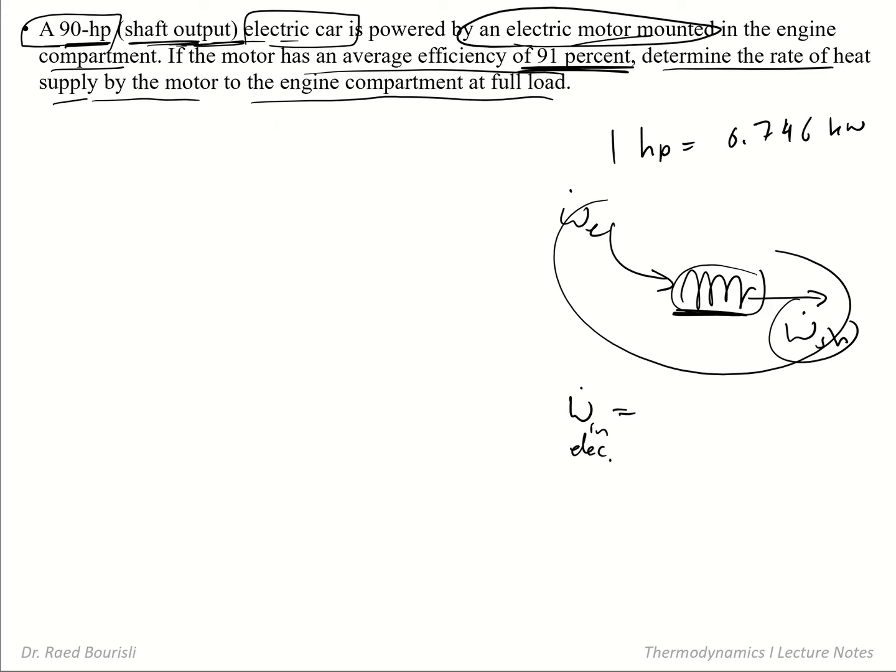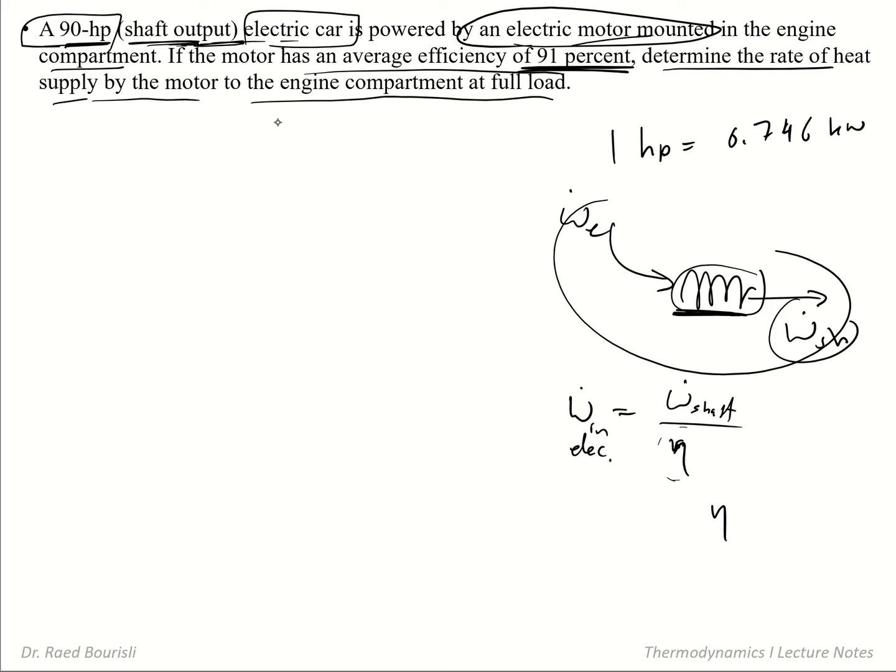The electric work is nothing but the shaft work divided by the efficiency. Okay, so if you want 90 horsepower, you have to give it more than 90 horsepower.